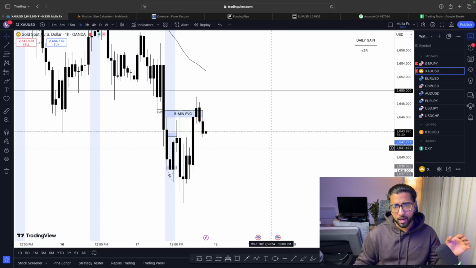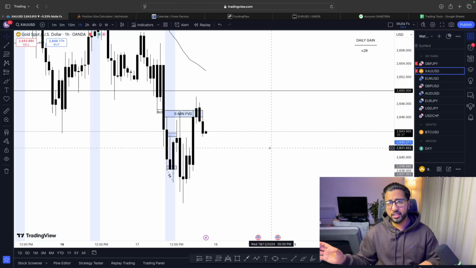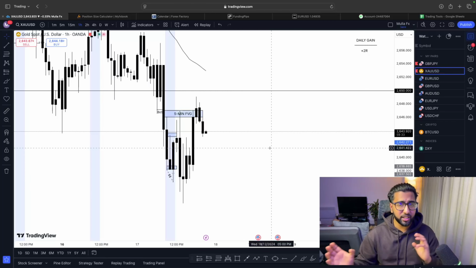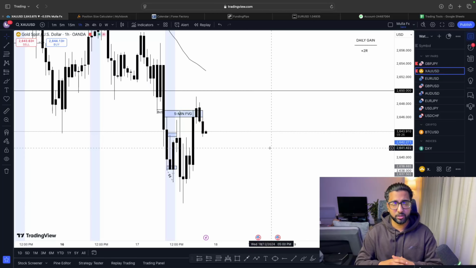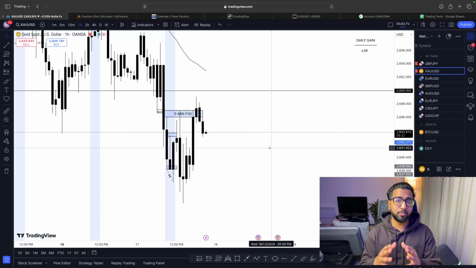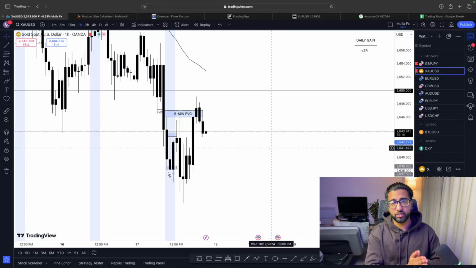Some trades I might be risking 10 pips, some trades I might be risking 50 pips. I need to make sure that no matter what range my trades are in, I am risking $25 flat line. That's it. I can't be risking 26, 27, or 30, or 50, or 100. I can't be doing that.